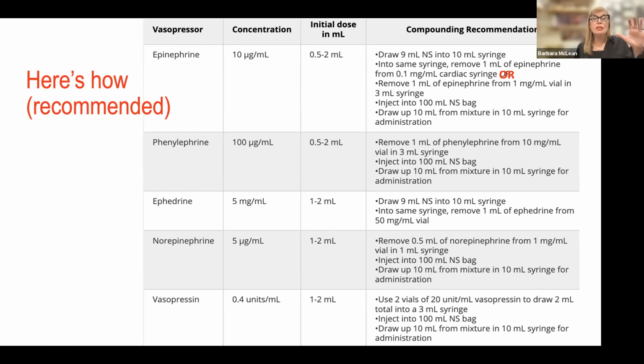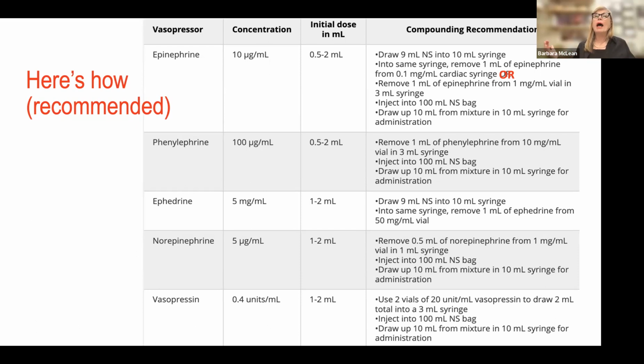So now you have 9 cc's of saline, and into that syringe, put 1 mL of epinephrine from the 0.1 milligram per mL cardiac syringe. That's 100 micrograms. So that means now each cc has 10 micrograms. Now you've got a syringe with 10 micrograms of epinephrine, right? So that makes perfect sense.